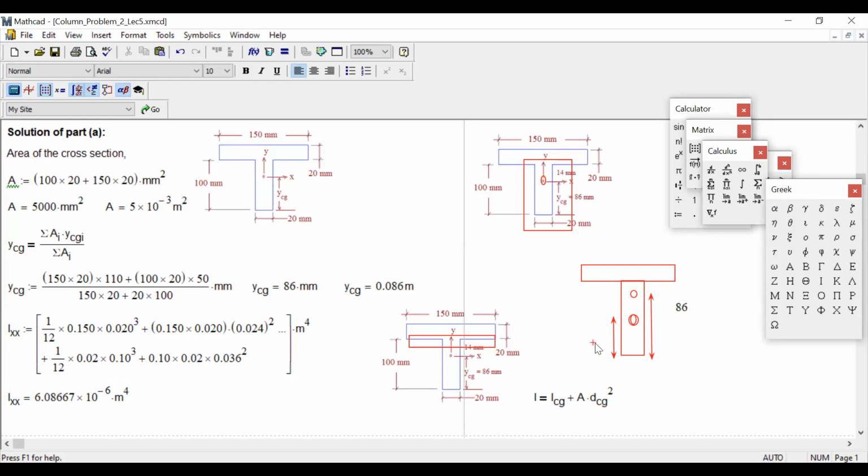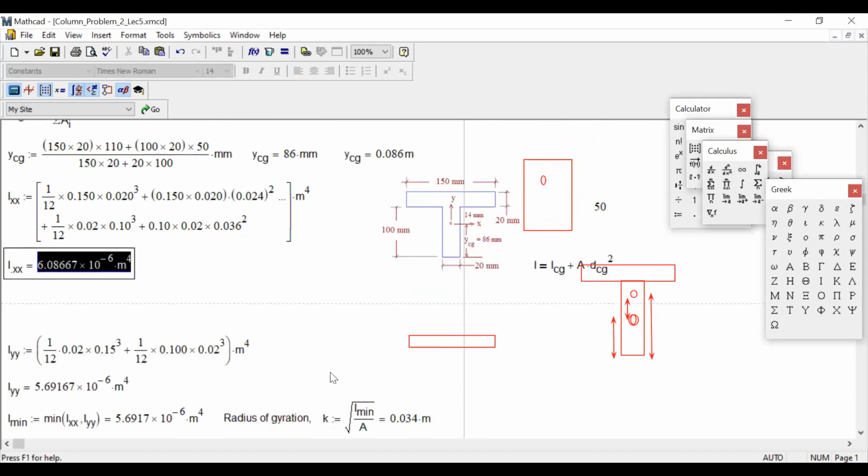And this portion is 50. Then how much is this portion, from here to here? 86 minus 50. That means 36. So 0.036 whole square. So we got the IXX.